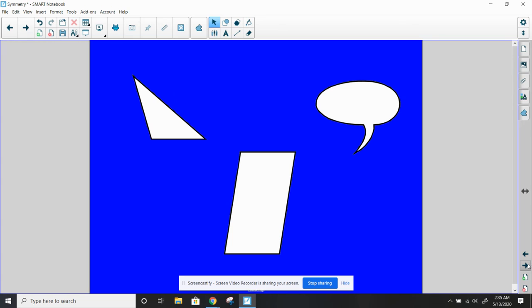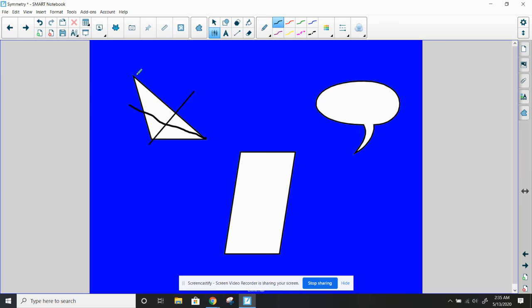Let's take a look at these. What about these shapes? Do these have lines of symmetry? Is there any place that I could draw a line, divide this shape in half, and have two congruent figures? Well, maybe here. Let's try here. In this particular triangle, I cannot. If I take this vertex here and pull it straight across, it's going to go over here.